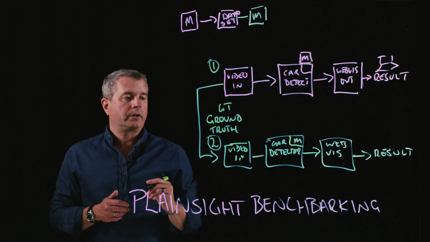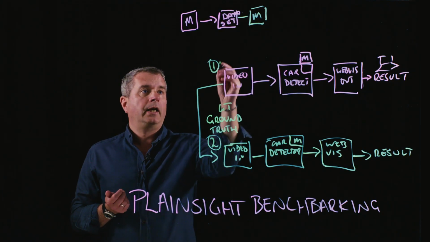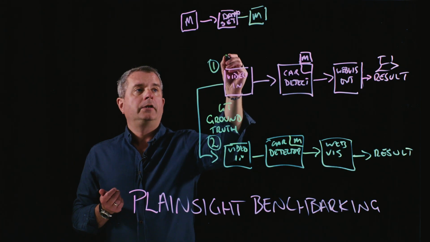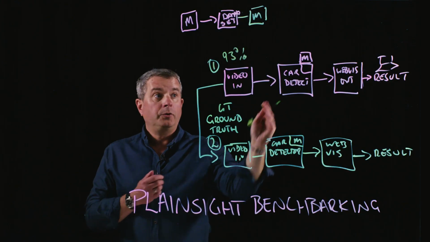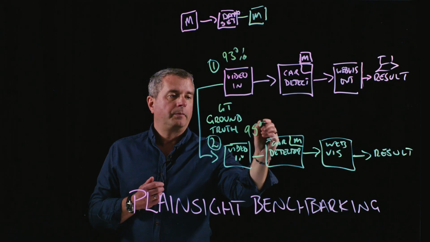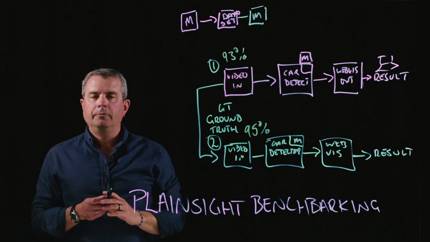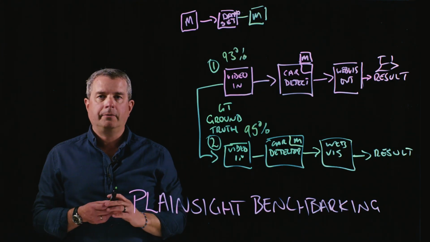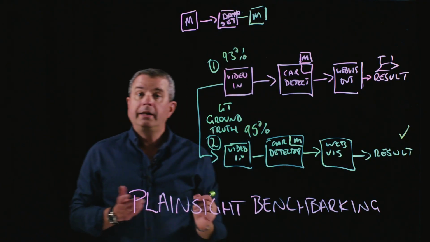It gives you the results. And that is based on an accuracy. So we could say pipeline 1 achieved a 93% accuracy. Pipeline 2, using the new model, achieved a 95% accuracy. So we know the implementation of this new model, accuracy of this system has improved. That's a win.